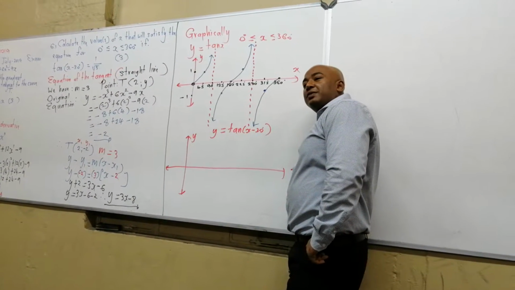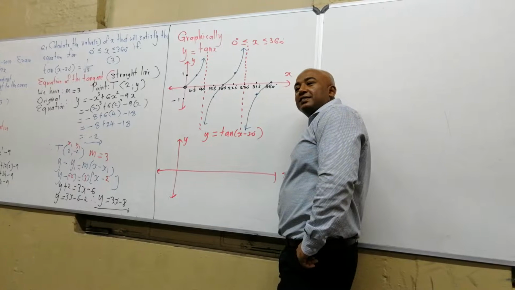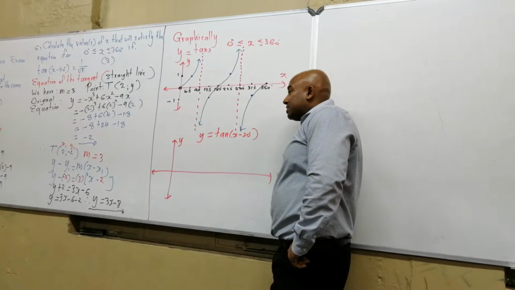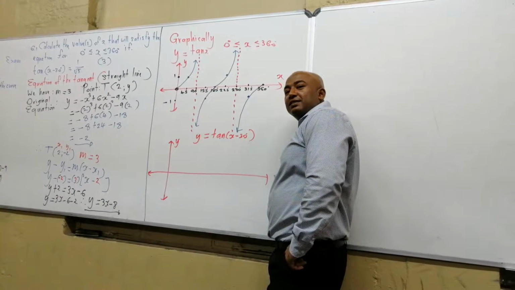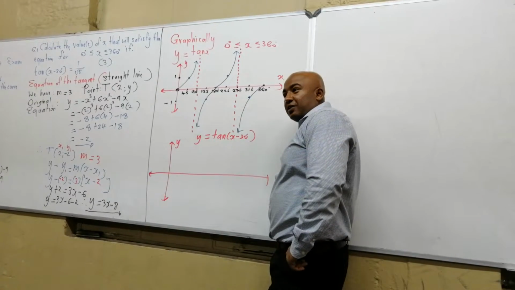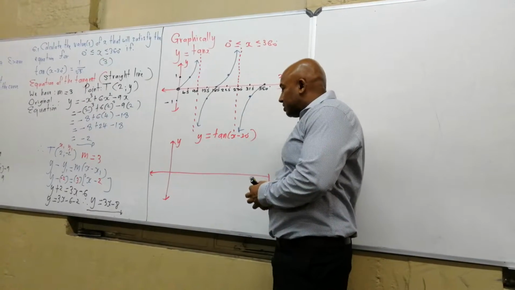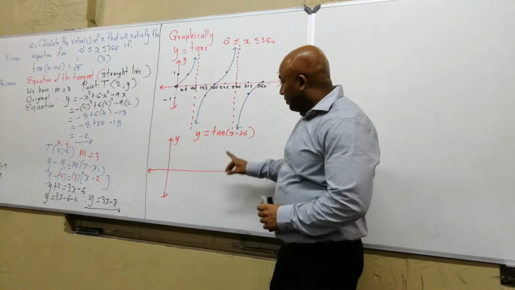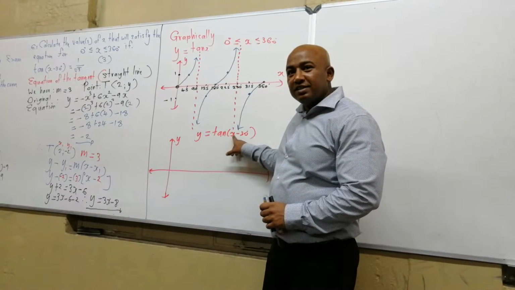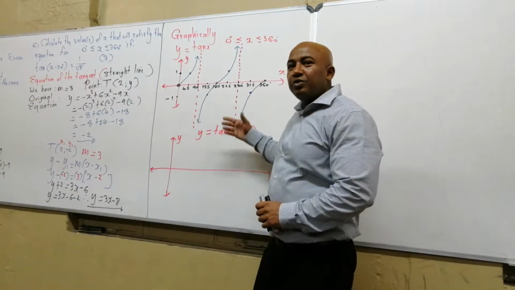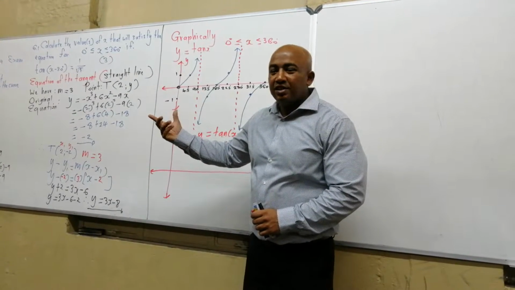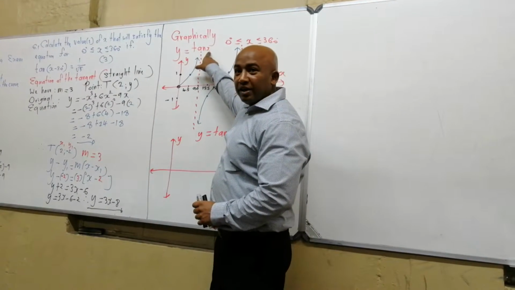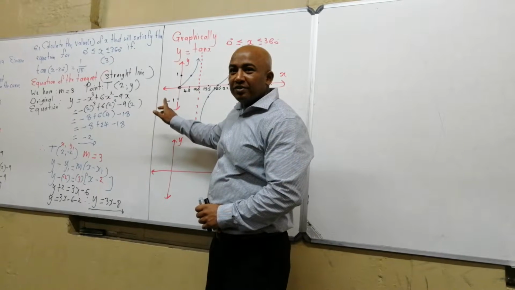Put 30 degrees, what do you get now? Replace x with 30? 0. Okay. So what do you notice now? When you substitute 30 degrees here, you're getting a y value of 0. When you substitute 0 in the original, you're also getting 0.